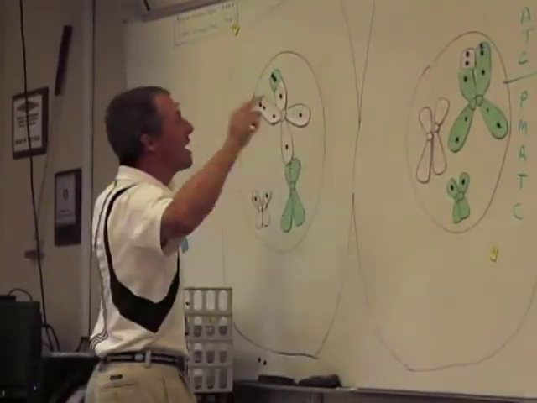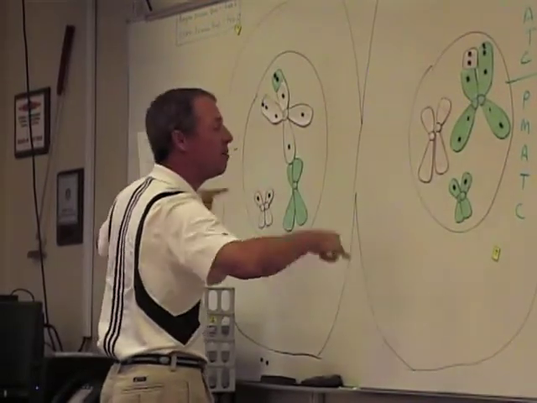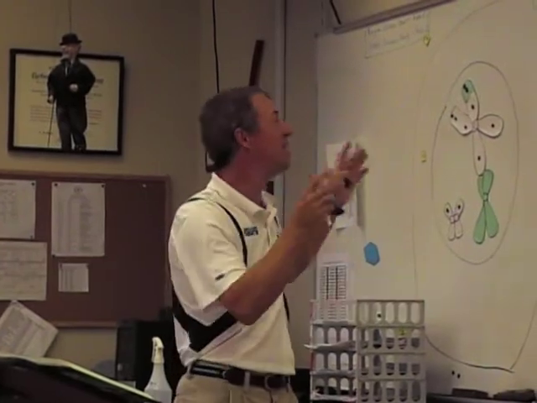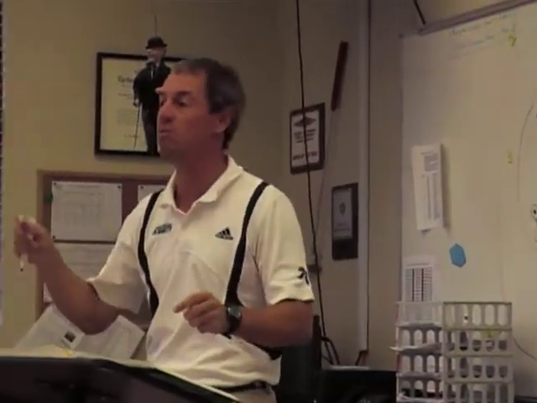The old cell had 2 of each. We call these cells haploid and the old cells diploid. 2N is diploid, which means 2 sets of chromosomes, and these only have 1.